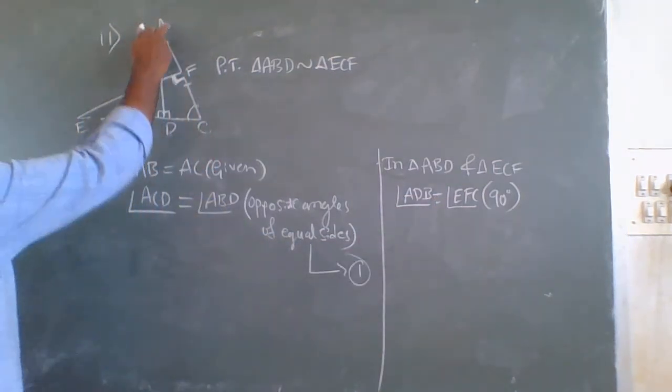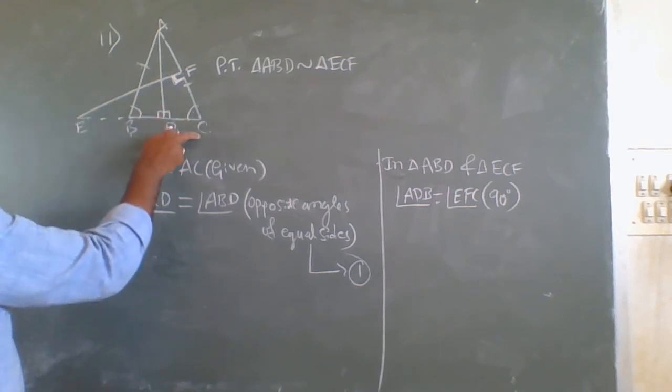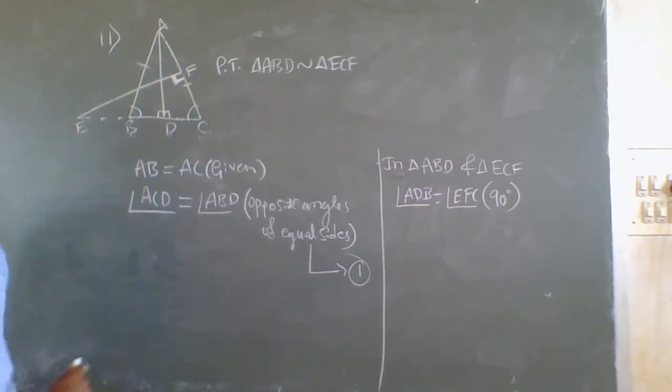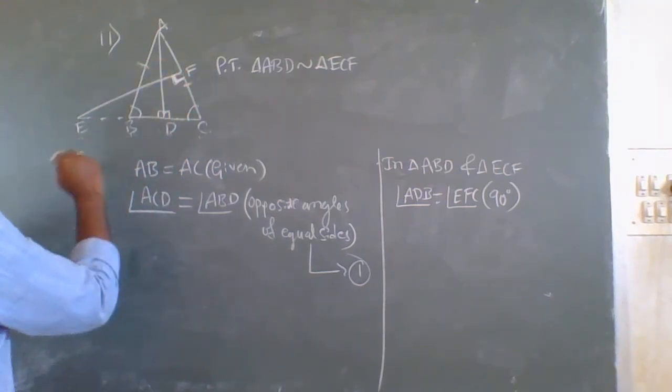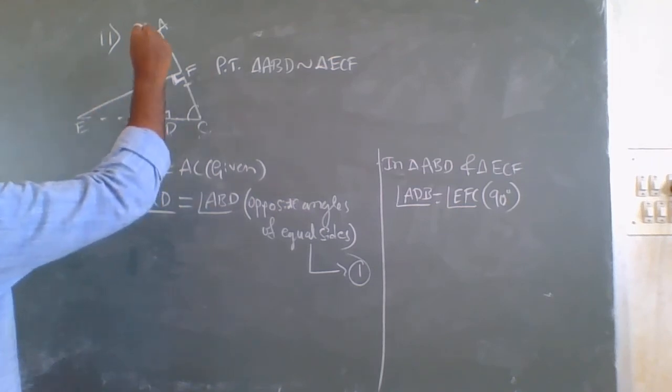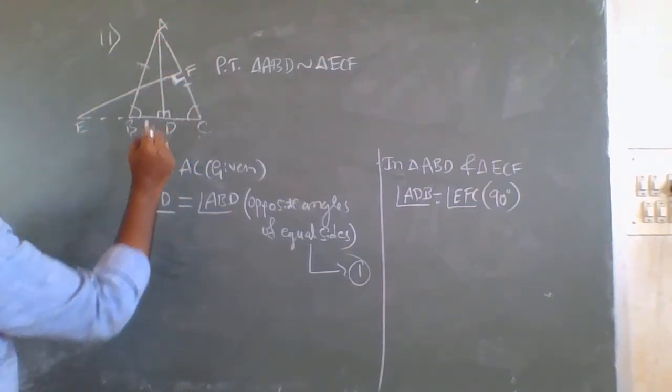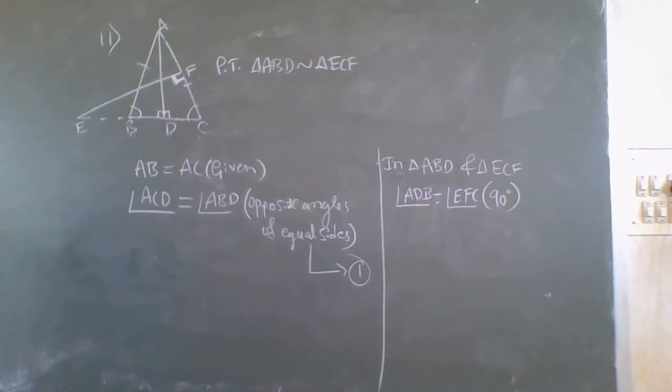And in triangles ABD and ECF, we know that angle ACD is equal to angle ABD.